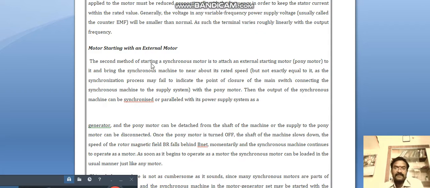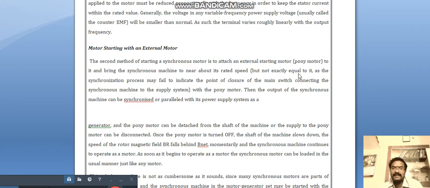The second method of starting a synchronous motor is to attach an external starting motor, a pony motor. Generally we use the pony motor method to bring the synchronous machine to near its rated speed. The pony motor is connected to the rotor of the synchronous machine and rotates the rotor to the synchronous speed.